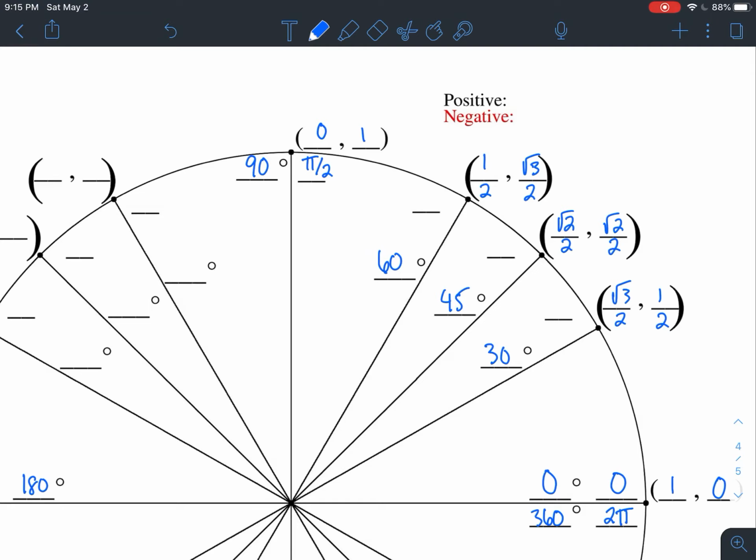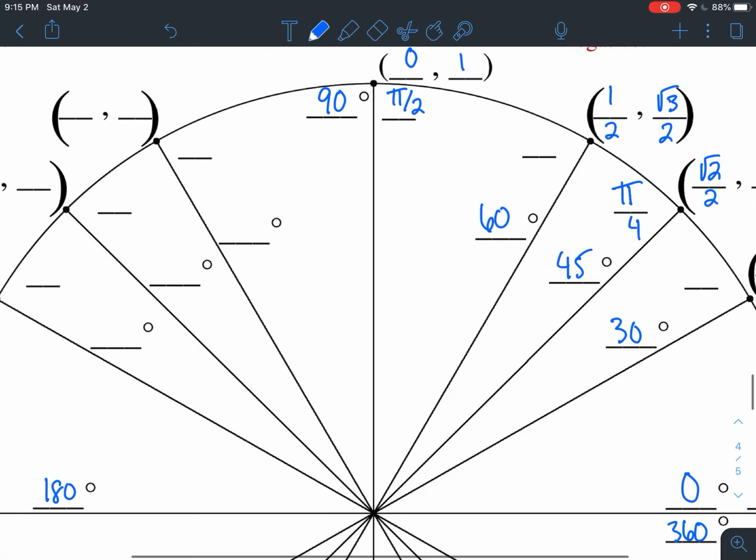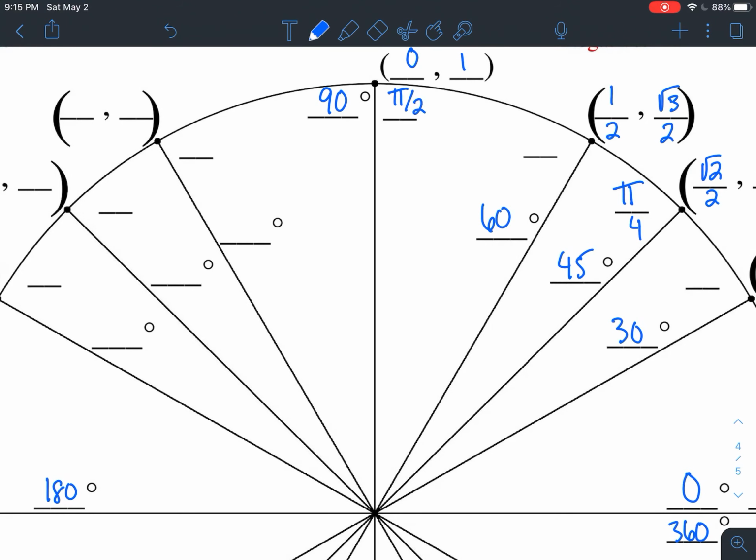So looking at the 45-degree angles, this first one, 45, is halfway between 0 and 90, so it's going to be halfway between 0 and pi over 2. So if you did pi over 2 divided by 2, you'd end up with pi over 4. That's a 45-degree angle. If going from 0 to 45 is pi over 4, the next would be 2 pi over 4, which reduces to pi over 2.